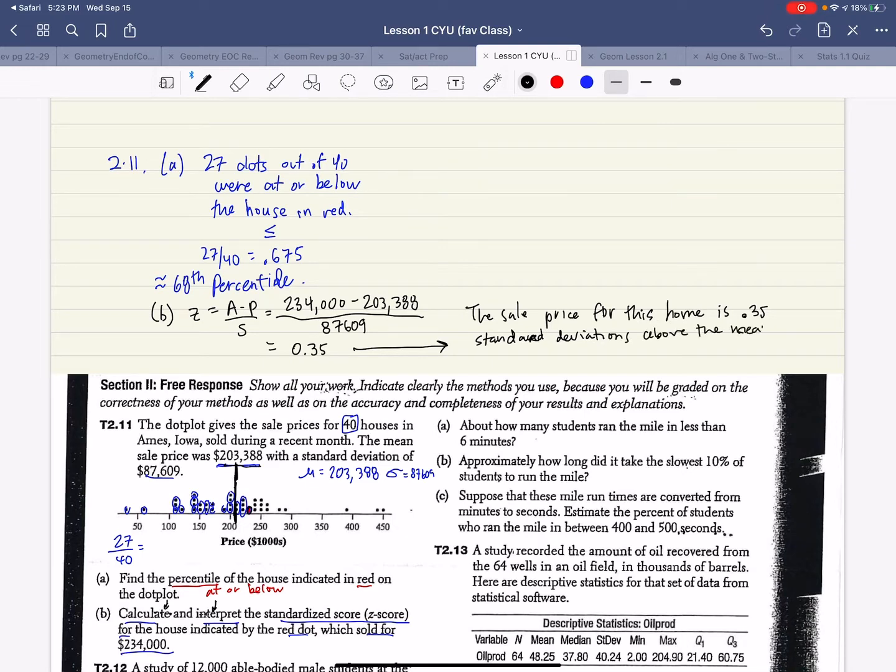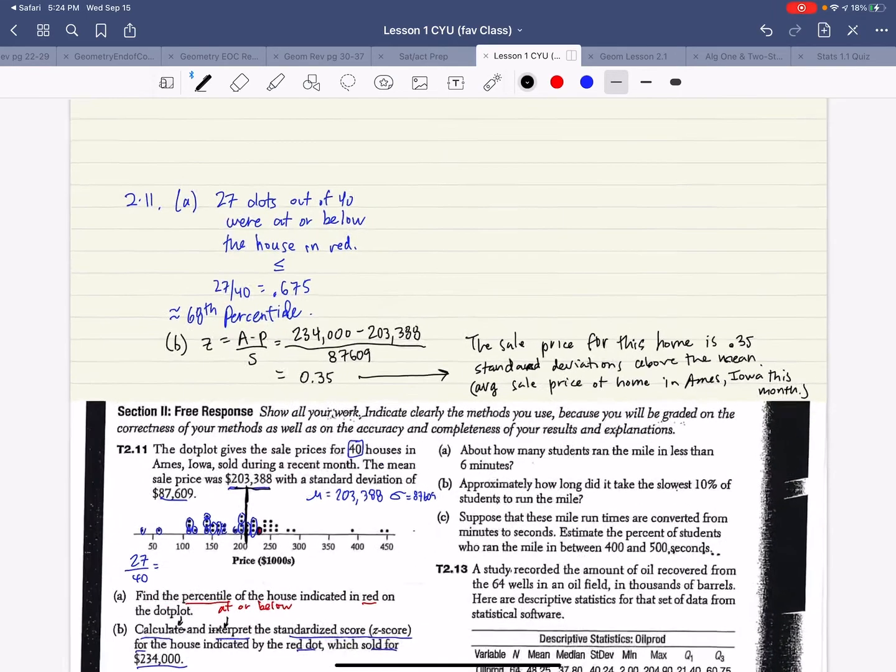And what is the mean in the context of the problem? The average sale price of a home in Ames, Iowa this month. So I got in my context of my problem. All right, so that wasn't too painful.